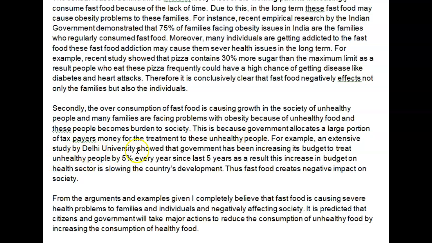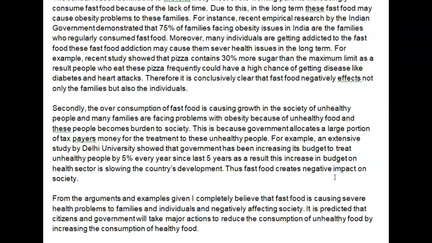For example, an extensive study by Delhi University showed that the government has been increasing its budget to treat unhealthy people by 5% every year. No, for the last 5 years, full stop. As a result, this increase in the budget on the health sector is slowing the country's development. Thus, fast food creates a negative impact on society.